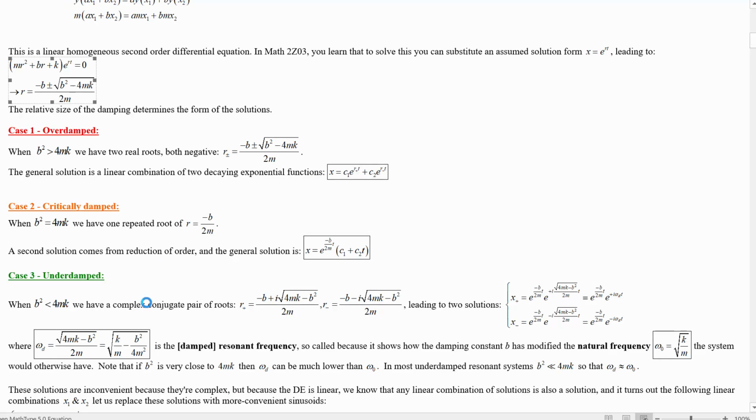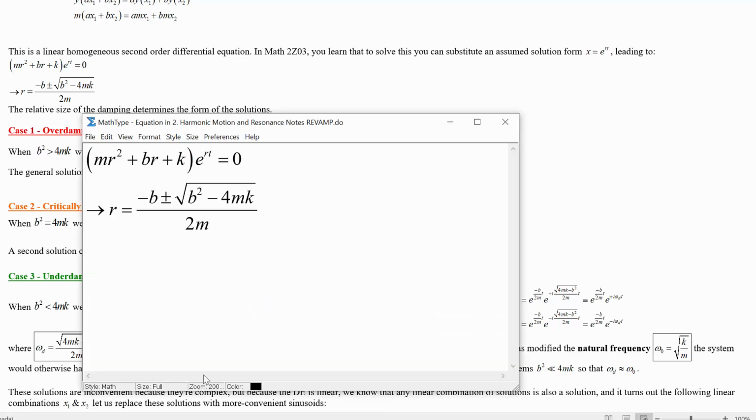The way that works is as follows, just in case anybody's wondering where that comes from. With b squared less than 4mk, this thing is actually negative, but it's written in a way that doesn't show that. It's a bit misleading.